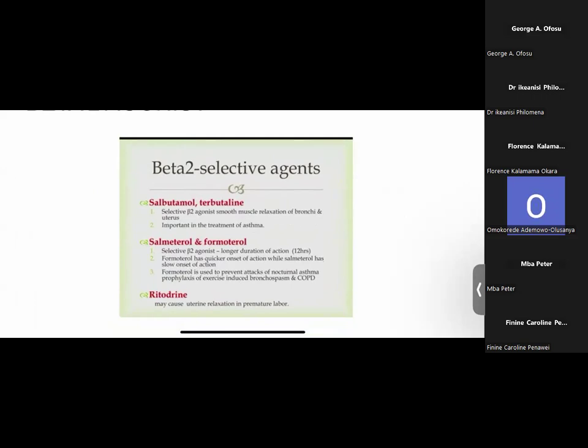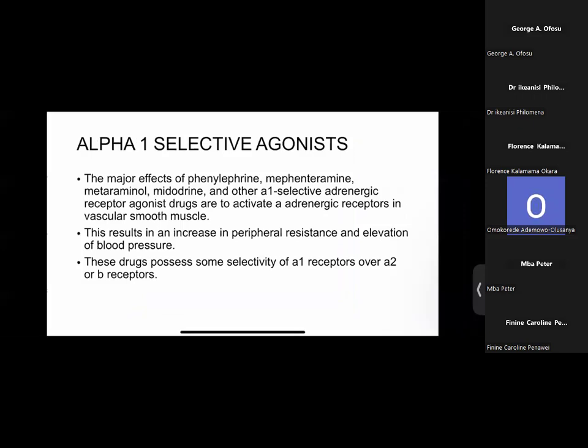Then we have the alpha-1 selective agonists. We have phenylephrine and midodrine in this group. They activate alpha adrenergic receptors in vascular smooth muscle, which increases peripheral resistance and elevates blood pressure.